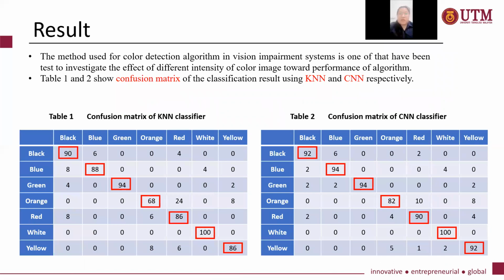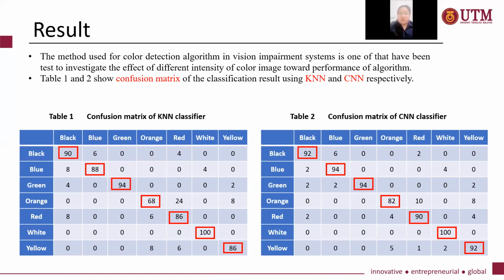The color detection algorithm for the vision impairment system is one of the methods that have been tested to investigate the effect of different intensities of color images on the performance of the algorithm. Tables 1 and 2 show the confusion matrices of the classification results using KNN and CNN respectively. Most of the color classes obtain higher than 80% classification rates with both methods.